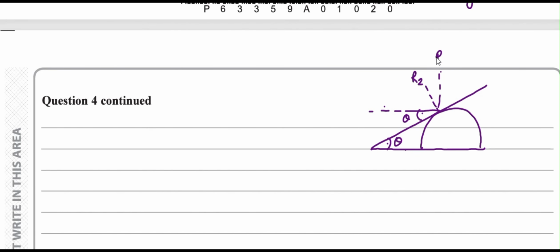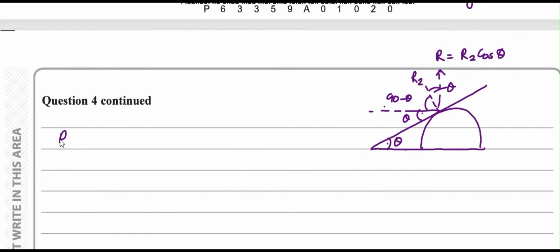We want this particular reaction force which is going up directly. Now this angle is 90, hence this angle should be 90 minus theta. Hence this also should be theta. Hence this reaction force here will be R2 cos theta.